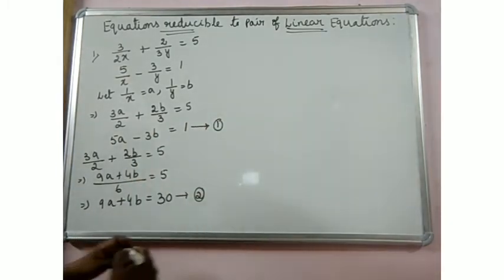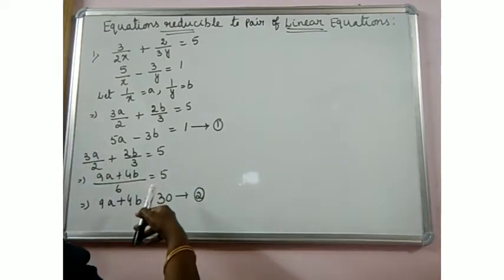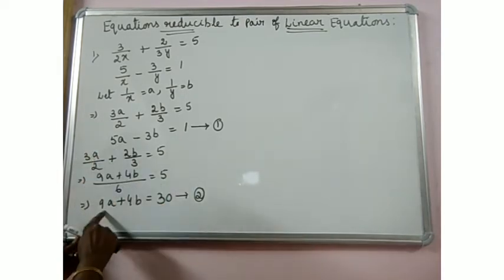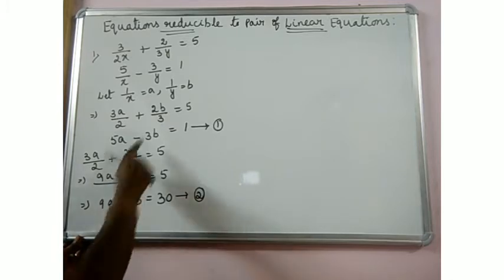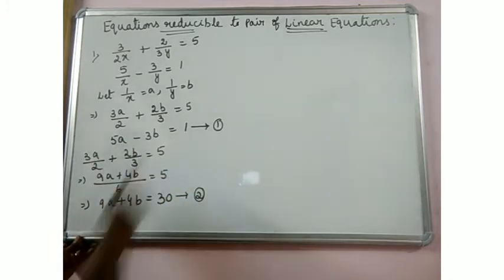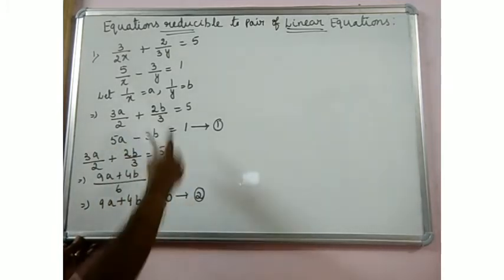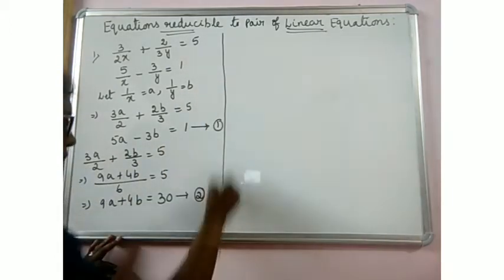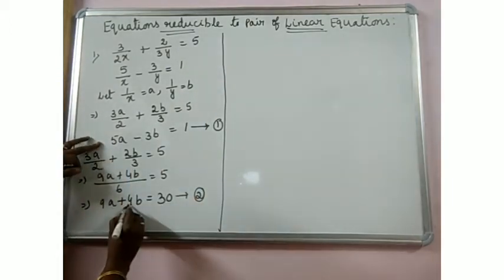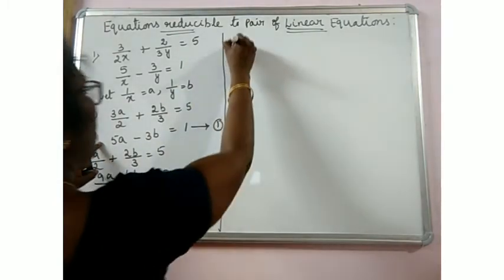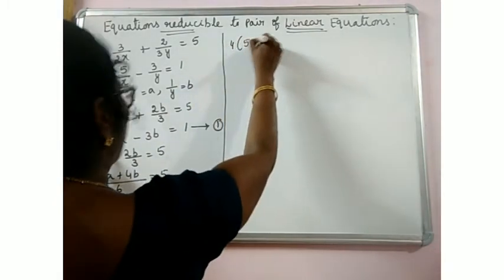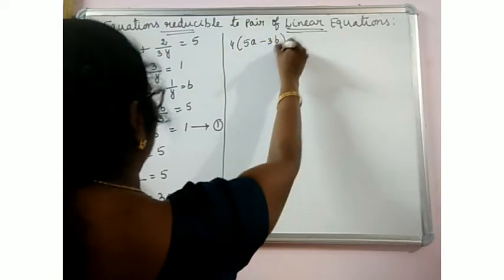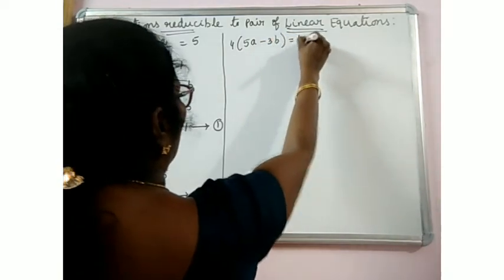These two are simultaneous equations. Let us work out to simplify. Here 5, here 9, here minus 3, 4. Let us multiply this equation by 4 and this equation by 3, so that the b's will be cancelled. Yes or no? So this equation I will multiply by 4: 4 into 5a minus 3b equal to 4 into 1.